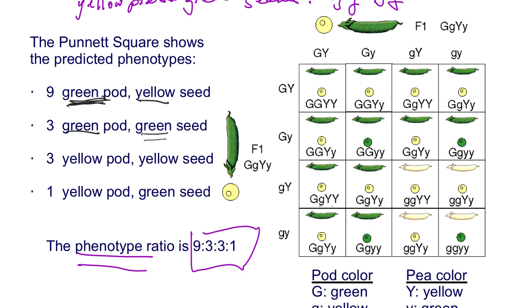And then flip it around, 3 out of 16 having the recessive trait expressed in the one and the dominant in the other. Then both recessive traits would be 1 out of 16. That's the one you should know.